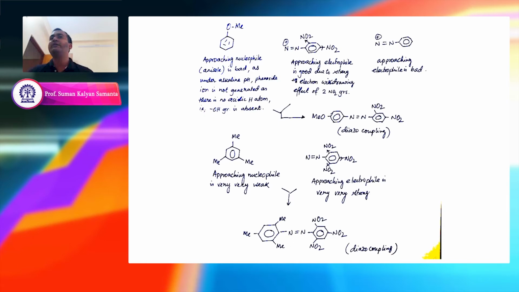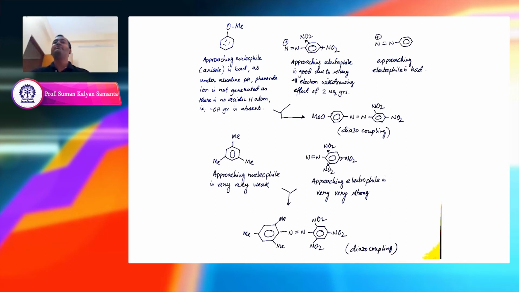So it does not react. But if you take 2,4-dinitrobenzene diazonium salt, they will react because of this 2,4-dinitro. This will become a highly activated electrophile, and they will give this diazocoupling product.